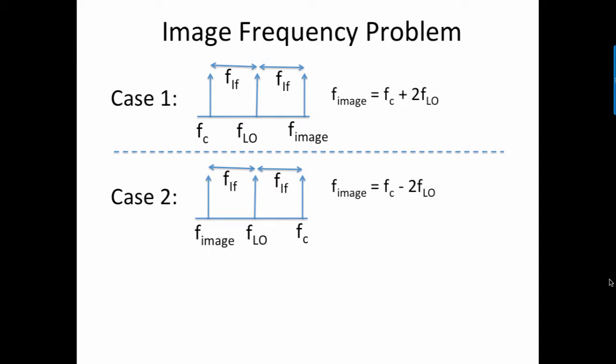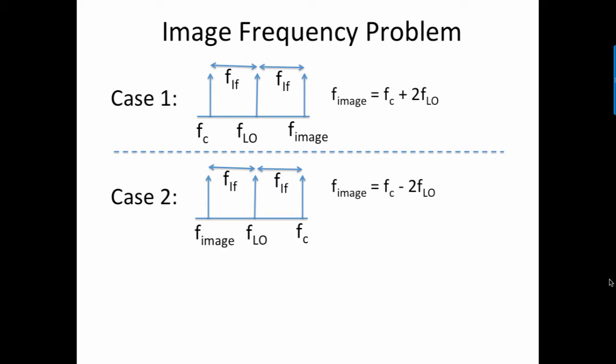This slide shows the two cases of image frequencies. If FLO is above FC, we have case 1. In that case, the image will be 2 times FIF above FC. Thus, if there is a station on that frequency, it may interfere with the intended station.